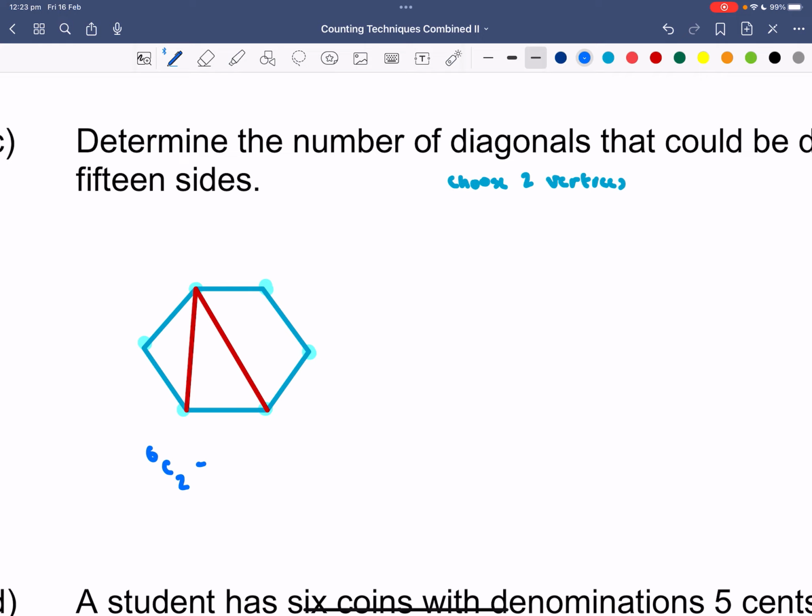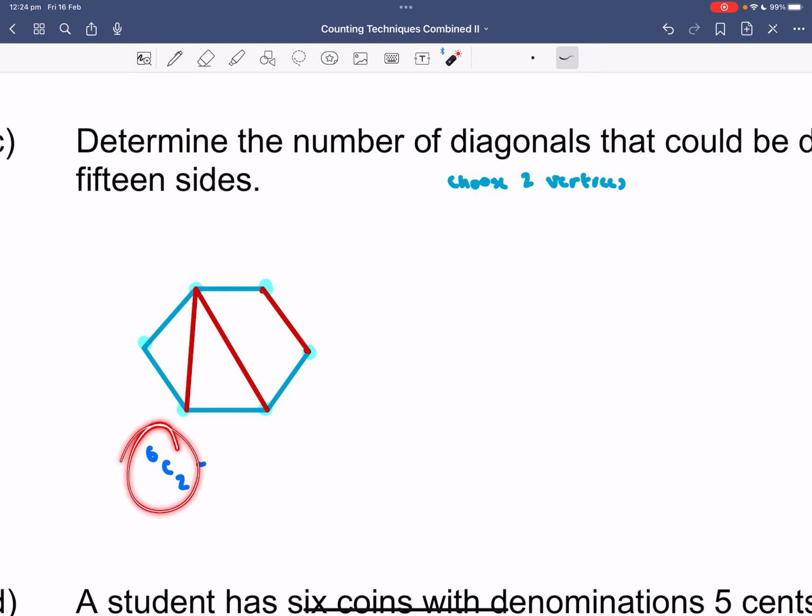But there's a catch to it. All I've done is pick two vertices. Now, hypothetically, guys, what if you picked this one and this one? Uh-oh, that's a selection of two vertices, except that's not a diagonal, that's an actual side length.